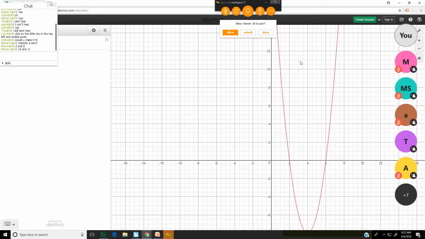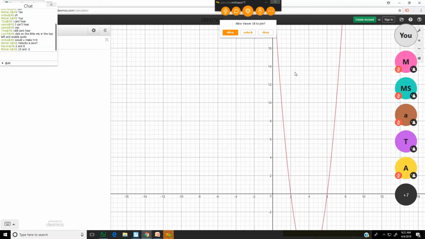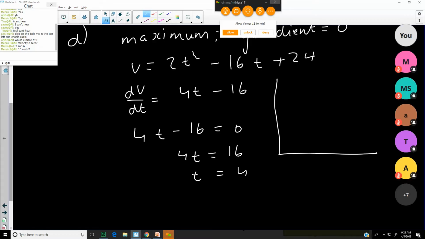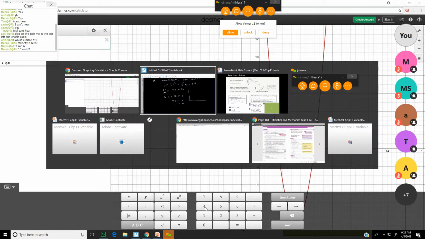We can see from t equals 0 onwards, the velocity is going down, down, down, and over here it's a minimum at t equals 4, and at t equals 5 it's minus 6. So actually you needed the sketch there, and you need to understand that your velocity is going to be a maximum at t equals 0, and that is 24.